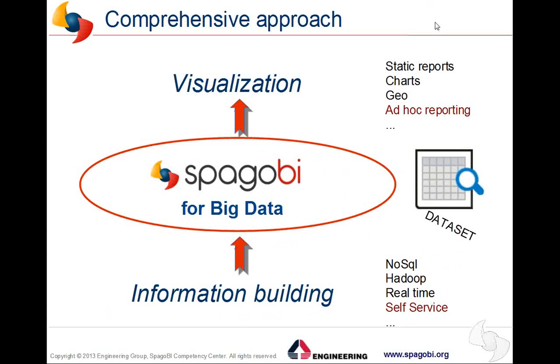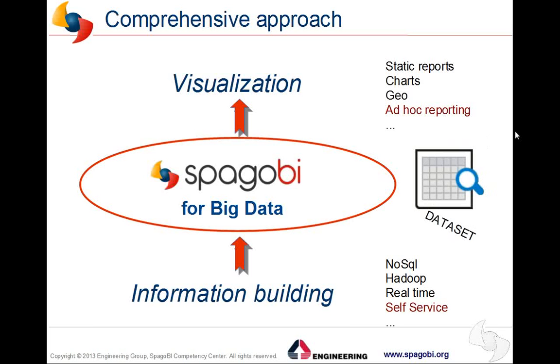So it's NoSQL databases, you can think of HBase or Hive, but also Impala for Cloudera distribution, and then the real-time data, so what we call the data on the fly, and also the self-service, which is another source of information. And then through the concept of dataset, which is the repository of information where the result set of the query is stored, we can see different kind of visualizations.